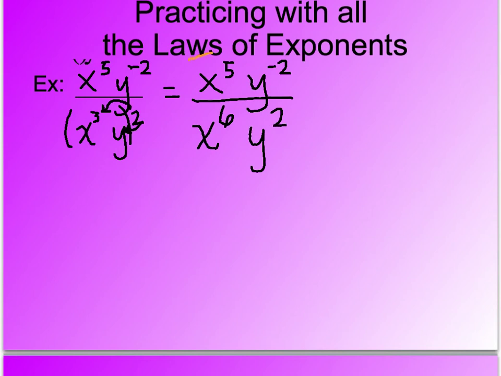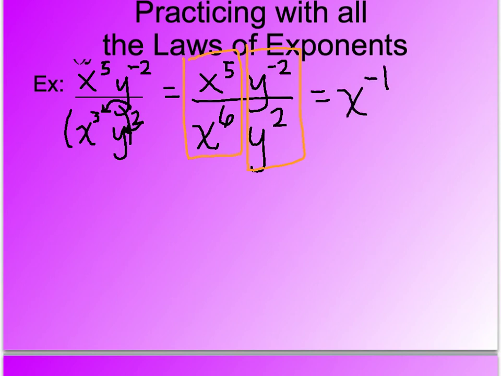Now next I notice I've got these two that go together and these two that go together. And they're division, and division in exponents means I can subtract. So I know that 5 minus 6 is negative 1, so I'll have x to the negative 1.